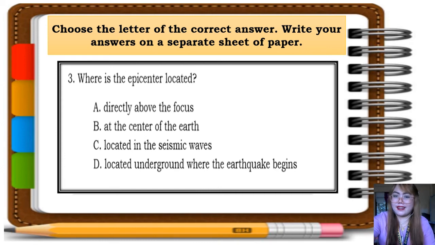Number 3. Where is the epicenter located? A. Directly above the focus, B. At the center of the earth, C. Located in the seismic waves, D. Located underground where the earthquake begins.